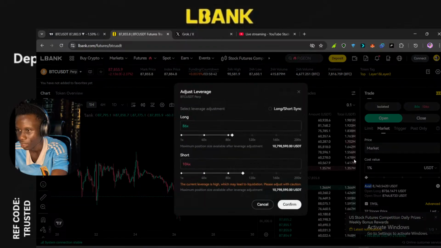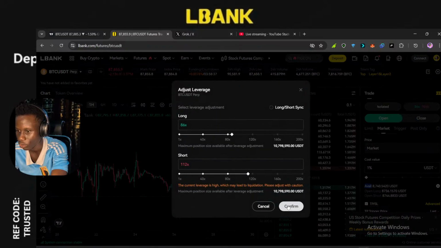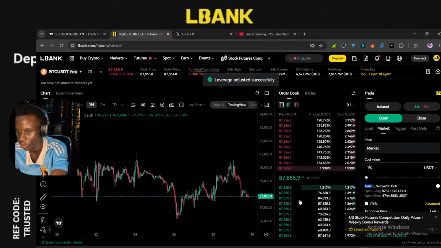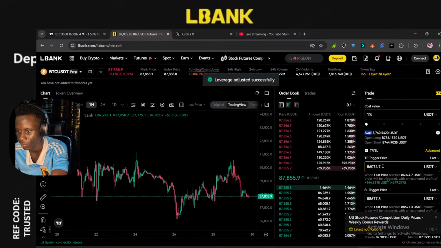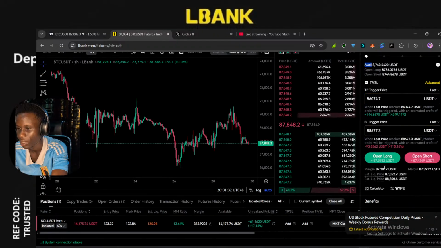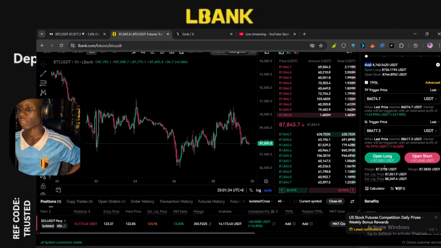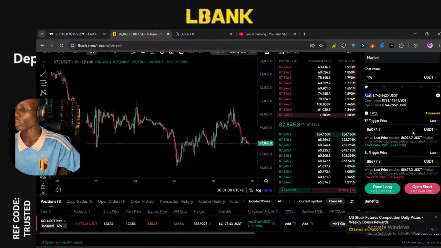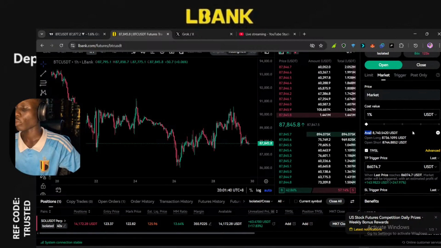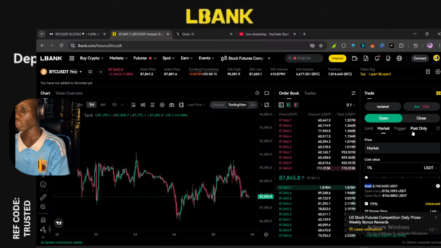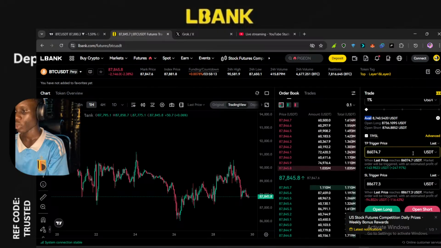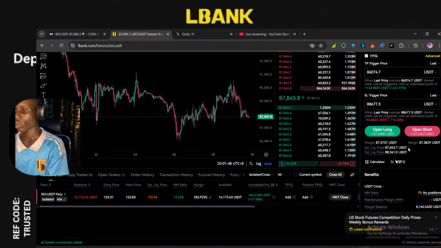You want to risk $100. 85, and plus charges. So that's how you do your position sizing. 123x. You just need to keep adjusting it till you have the amount you want to risk.